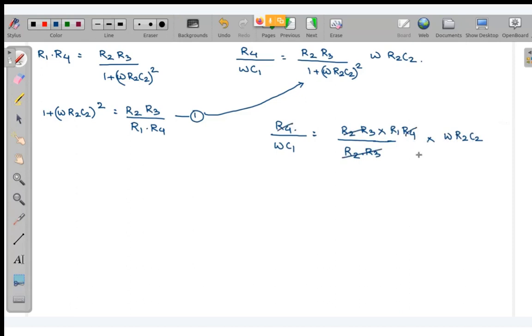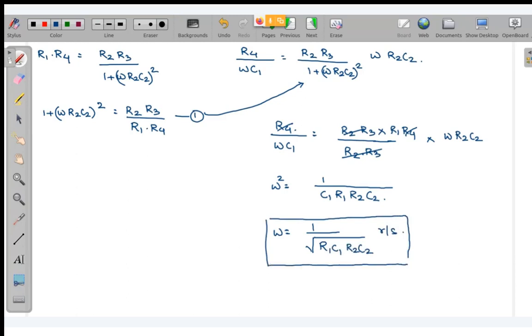No. So now what do we get for the value of omega? Omega square is equal to 1 by C1, R1, R2, C2 present. So omega is equal to 1 by under root of R1 C1 R2 C2 radian per second.